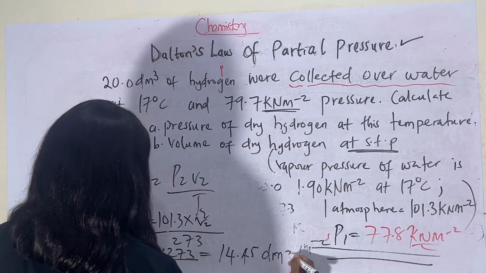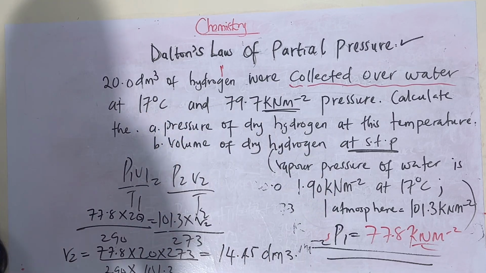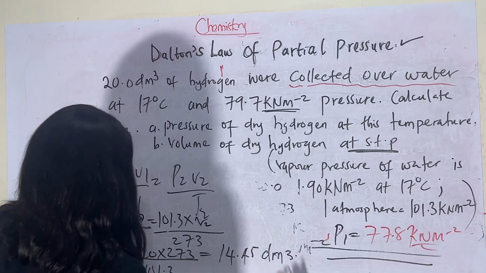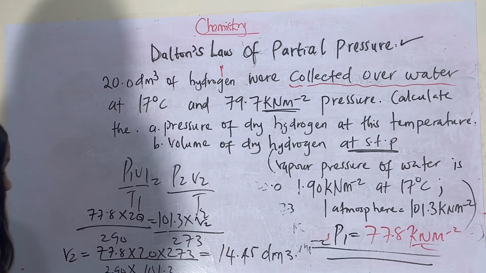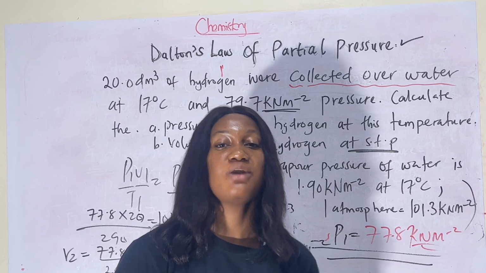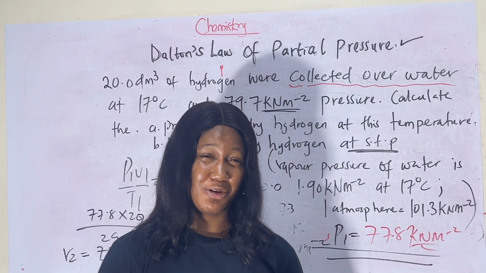So it's 14.50 or 15 dm cube, depending on the options that you have in that question. I hope you understand this.